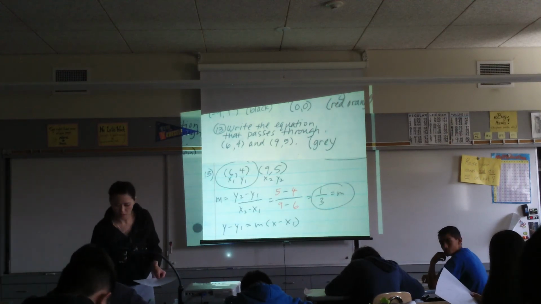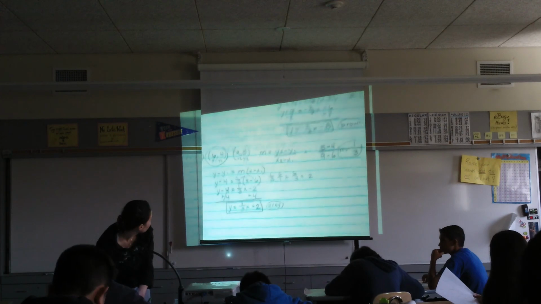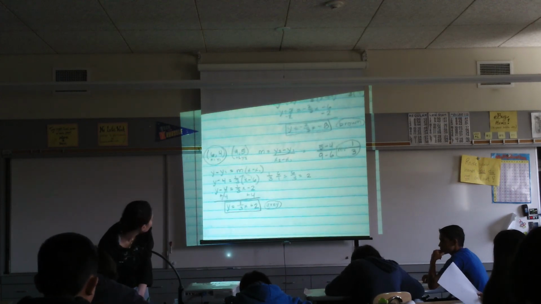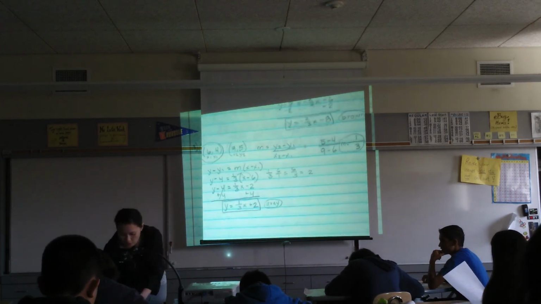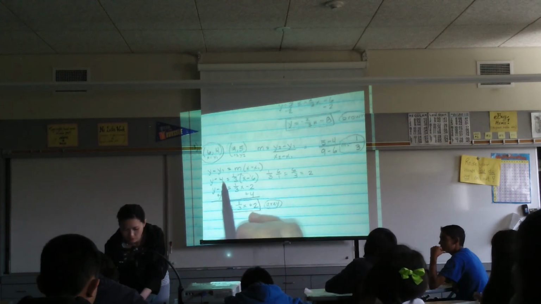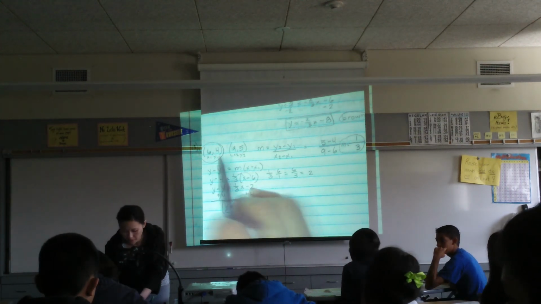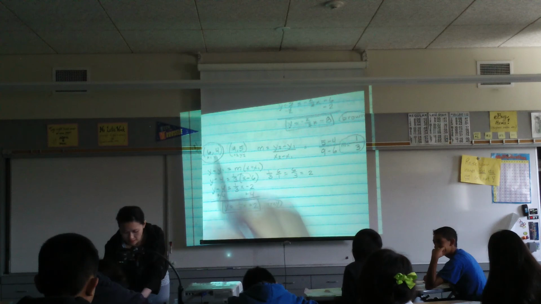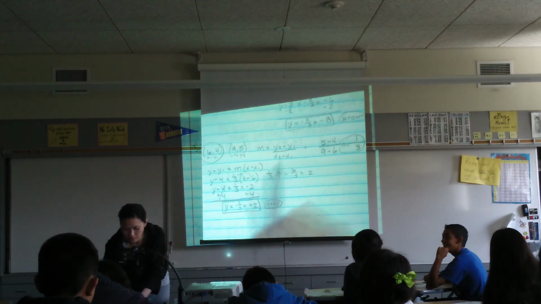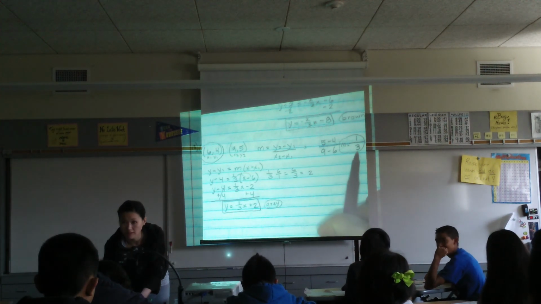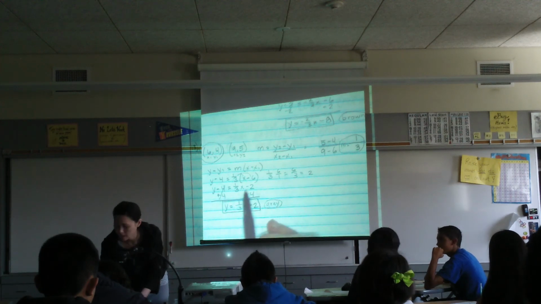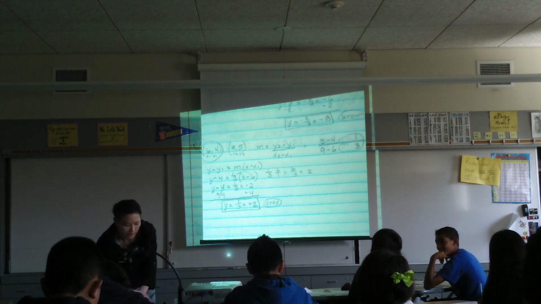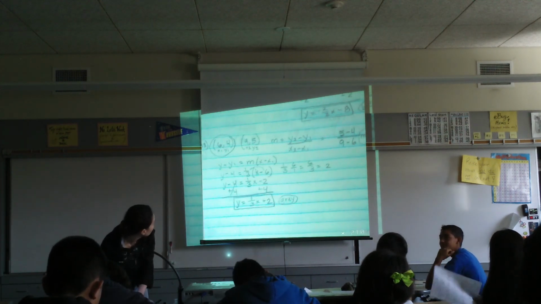Okay, I'm going to show you what Jasmine did. So you look. She plugged in y1 as 4 because it's here. She plugged in x1 as 6 because it's from here. And then the slope is 1/3, the one that we found. And then after that, can you go on and I'll explain how you do it, the steps?